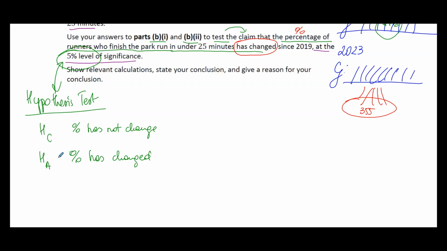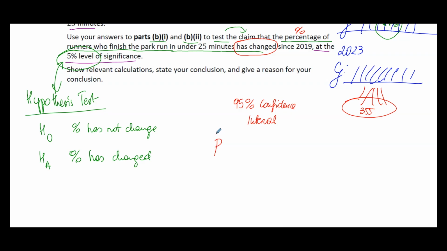Okay, so how do we work our numbers here? For the calculation, we are going to calculate something called a 95% confidence interval. How do we calculate that? Again, that formula is not in your table.